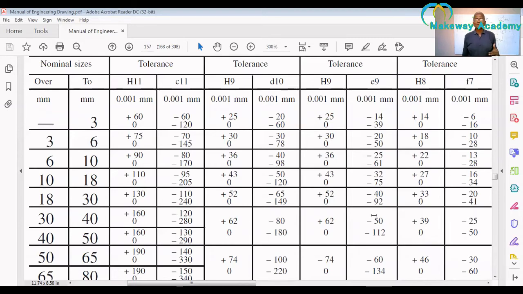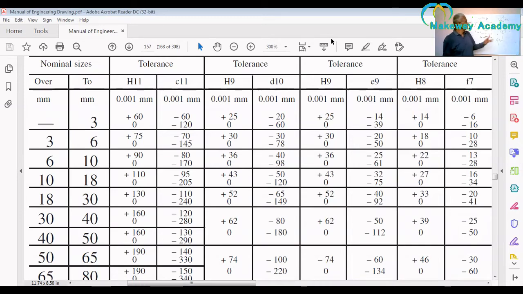So 60 comes in between 50 and 65. So H8 is in the top. So you see 0 plus 46. It is given in the chart. What does it mean? The upper limit is no variations.